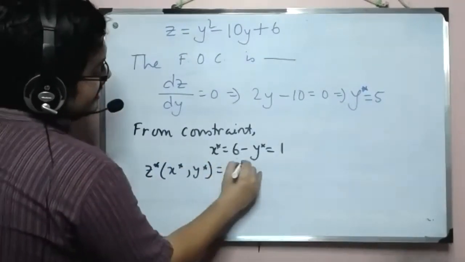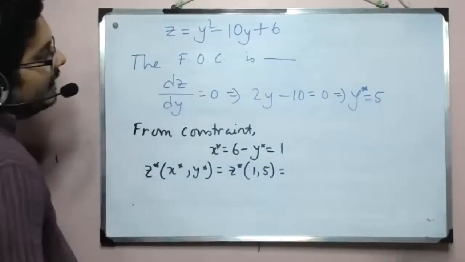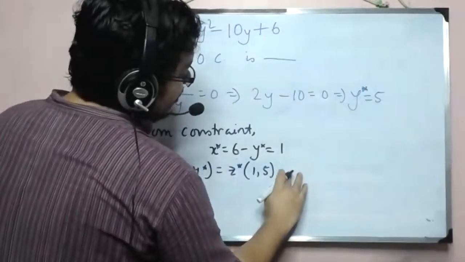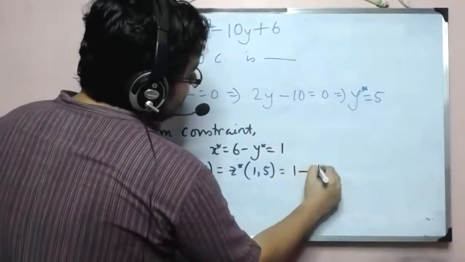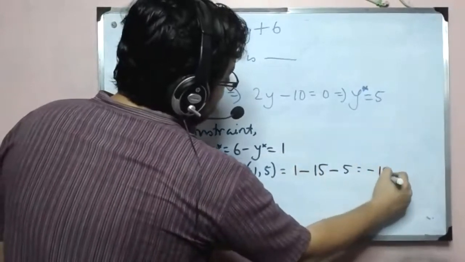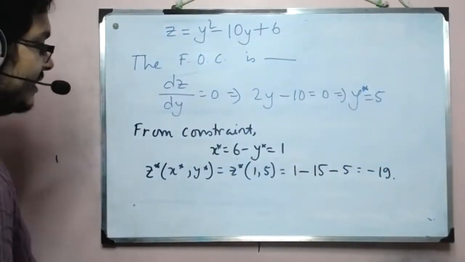That will be z star at 1 comma 5, and that will be x, so that is 1 minus 3y, 15, and xy, 5, so it becomes minus 19, right?